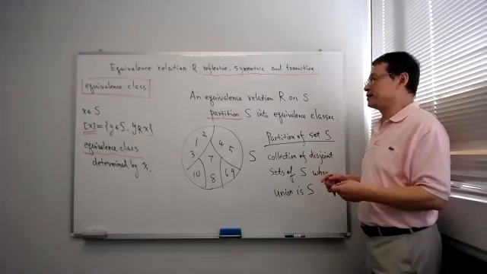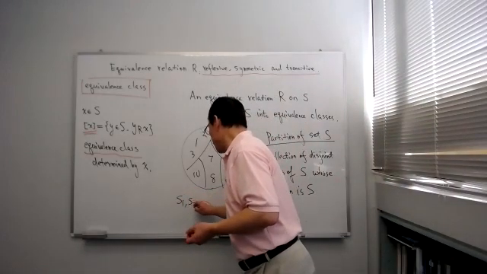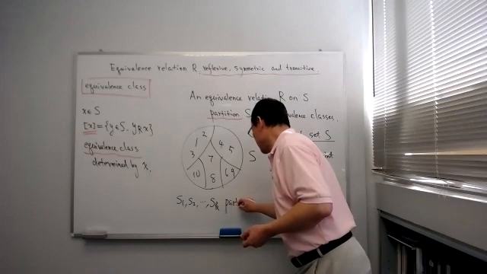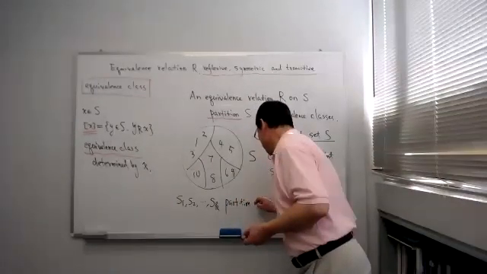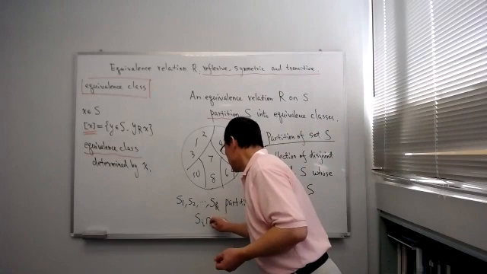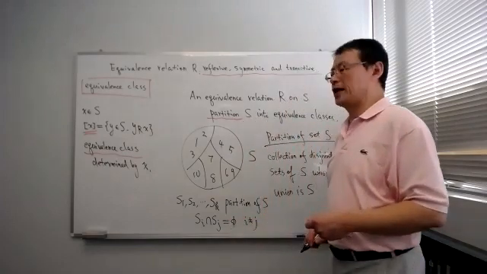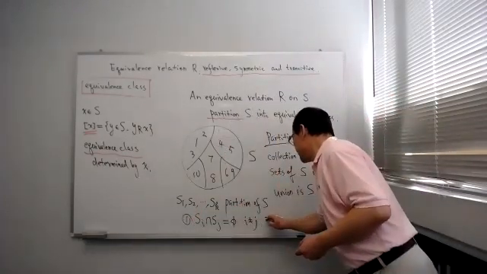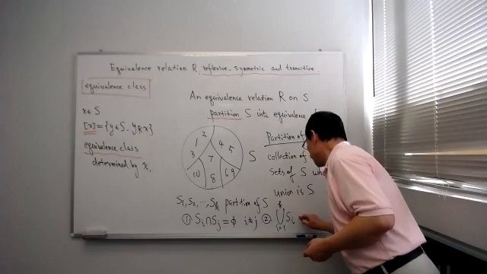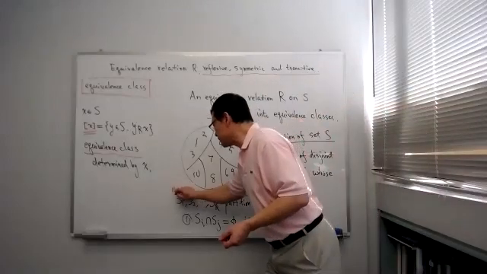So mathematically, if S1, S2, up to SK form a partition of S, it means two things. First, their intersection is empty for any i not equal to j. Second, the union of all of them equals exactly S. Of course, all these sets are non-empty.